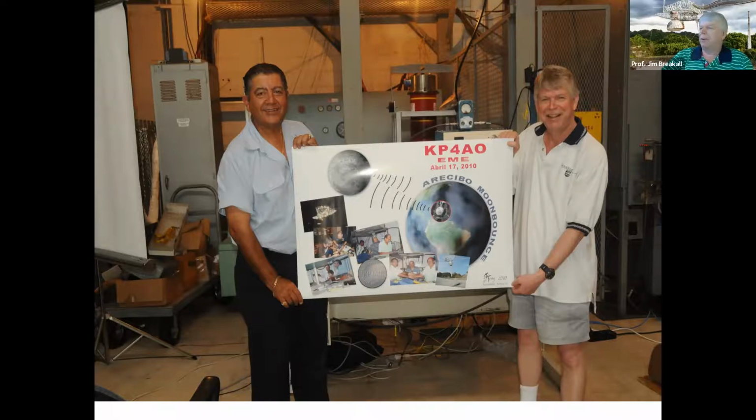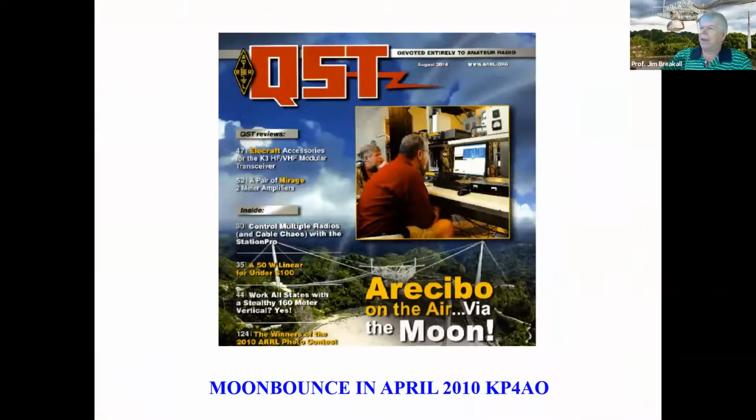It's a very difficult thing to do with normal antennas, but with Arecibo, it's easy. And there's Joe Taylor and myself. We're doing communication off the moon, and we were in the main journal for ham radio. We wrote an article in there and made it on the front cover.